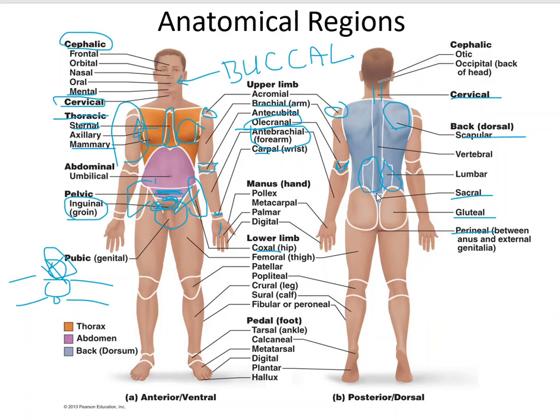It's underneath the lumbar. This is going to make a little bit more sense when we get to the bones and we find out that these are basically named for the bones that they are over. The umbilical region is going to be this region right here. It's going to be around the umbilicus. The vertebral region is this region right here, and this is where the spine or the backbone is.